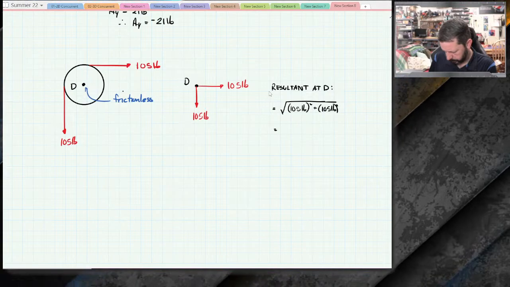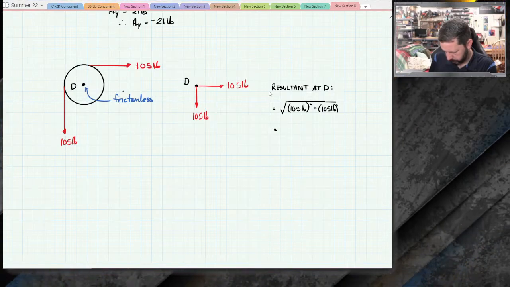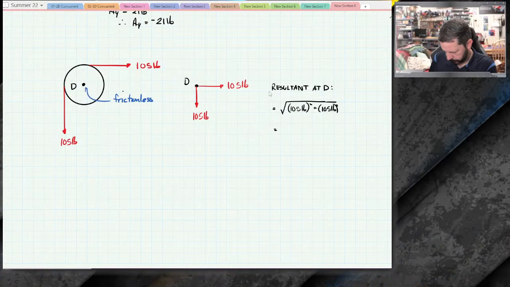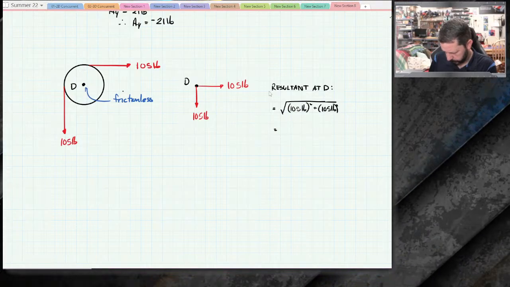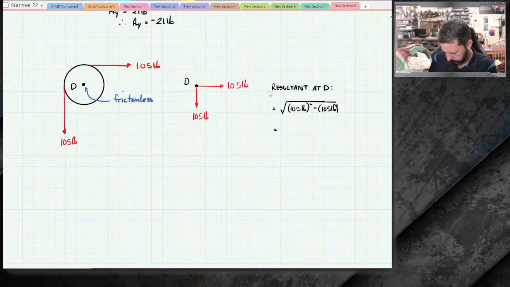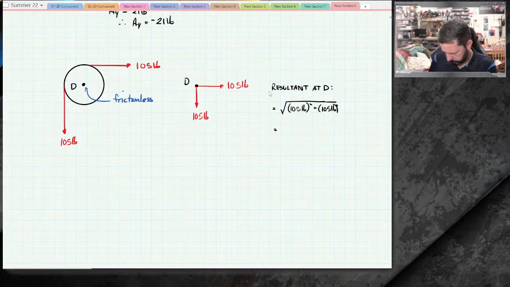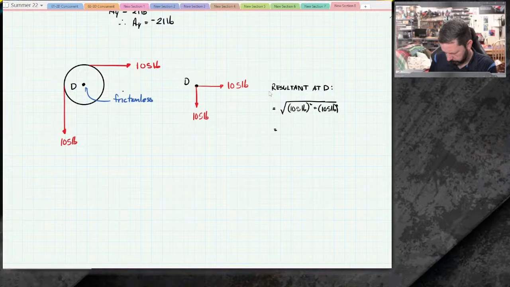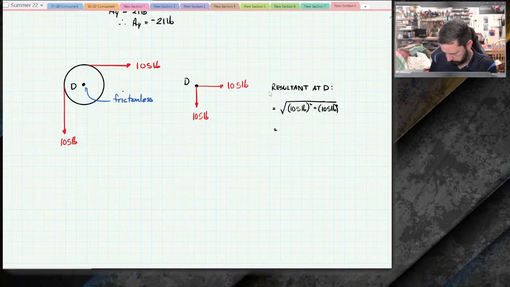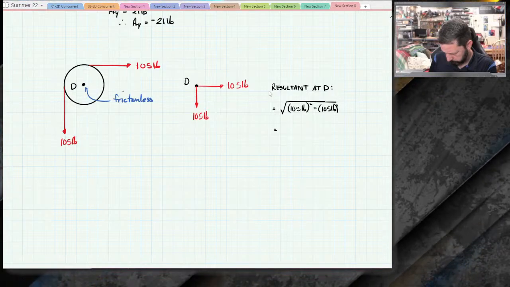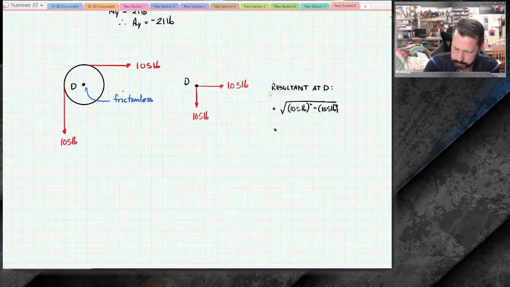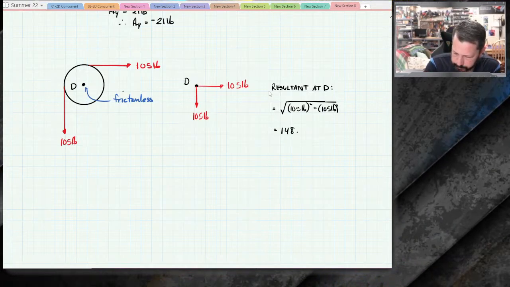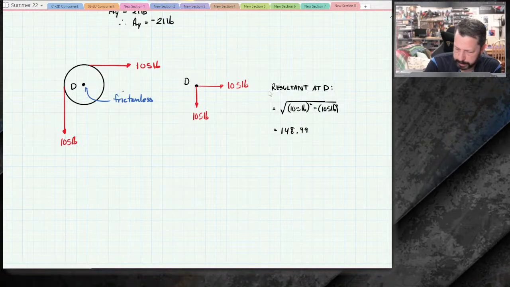I can't find the... Hmm. 148.492 pounds, I think.